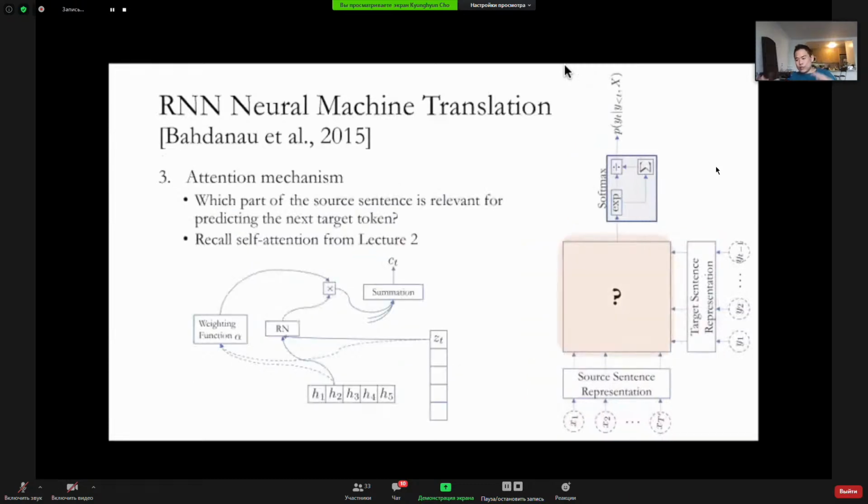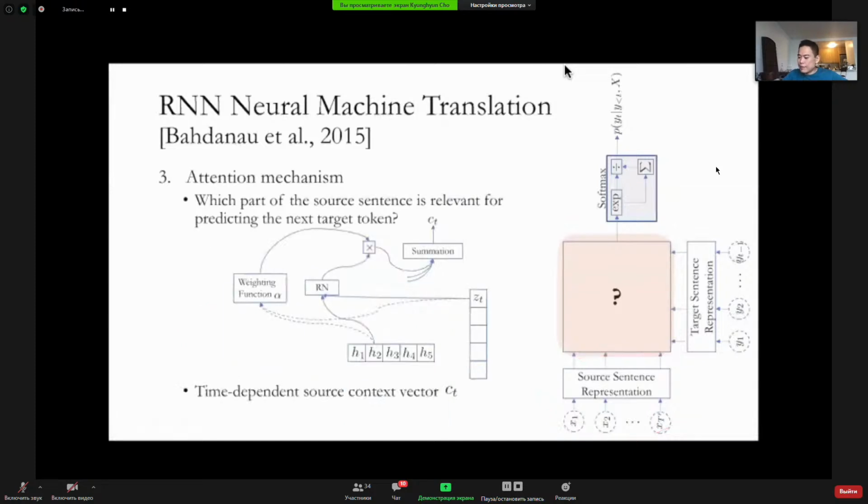And we now use the attention mechanism to tell, among the tokens in the source sentence, which ones are relevant for predicting the next target word. So given what has been translated so far, is one of the source tokens relevant or not? If that's relevant, then we're going to use that information in this weighted sum in order to get this so-called time-dependent context representation.